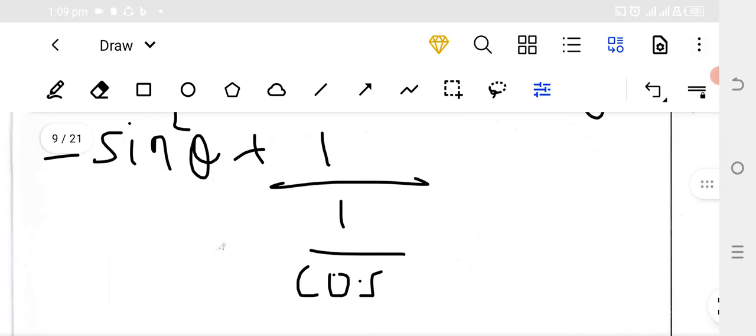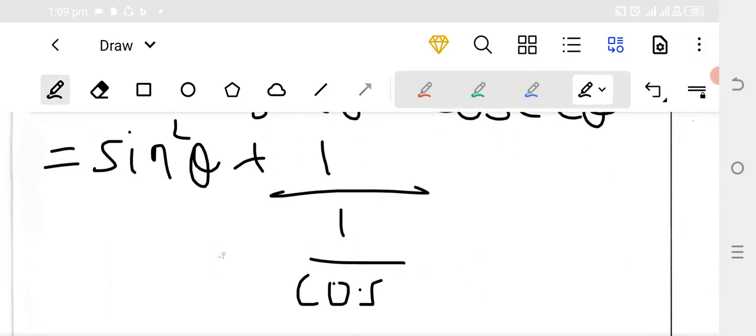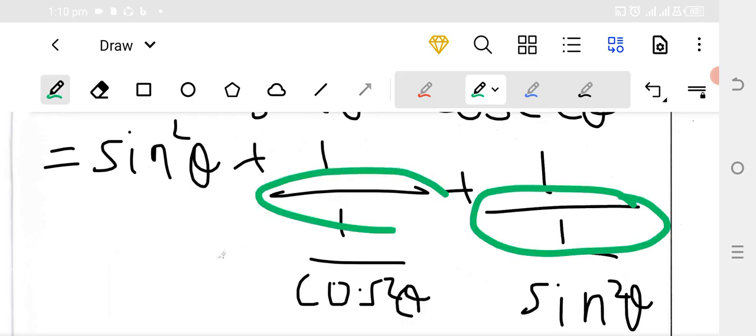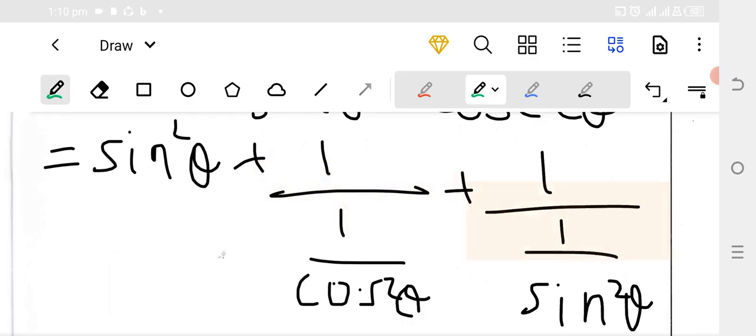Are you seeing what I've done? 1 over cos theta squared. So this is what we call a complex fraction, divided by 1 over sine theta squared. So this here will change and it will become a division sign. I'll show you what I mean.